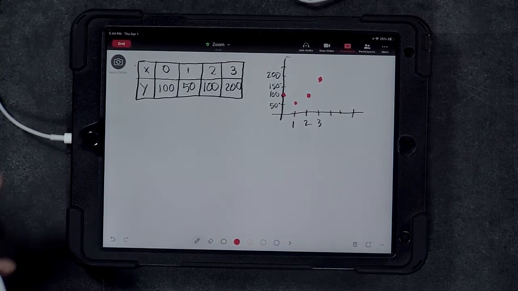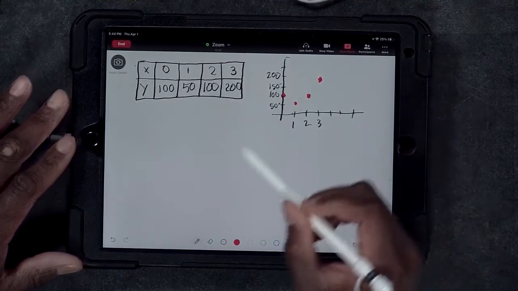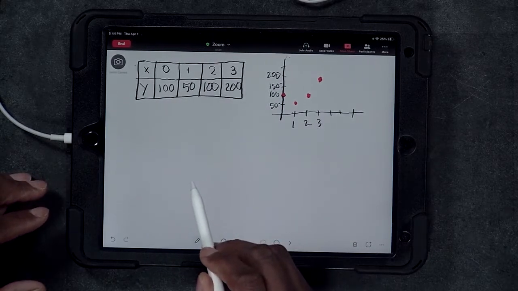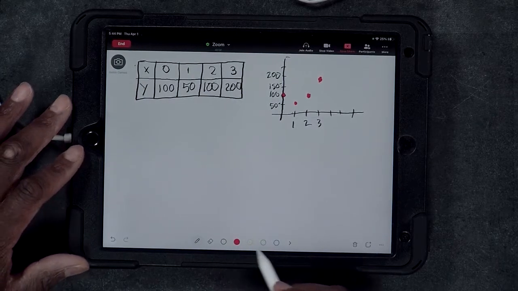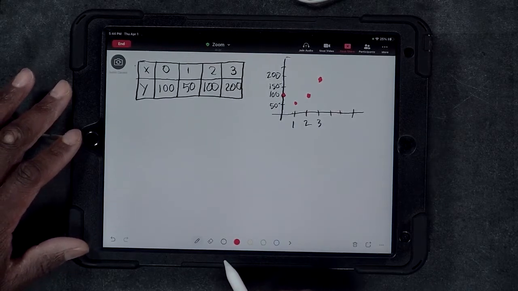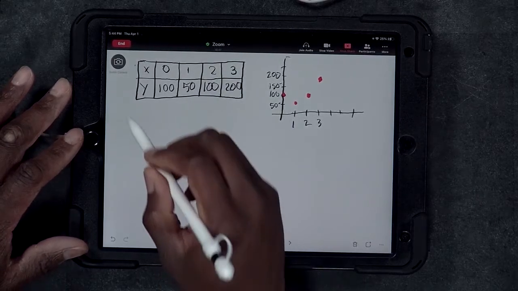However, you can still come up with a best representation of this data, and that's the whole purpose of today's lesson. And the way we're going to do that is to follow some of the rules that we might have learned in algebra.